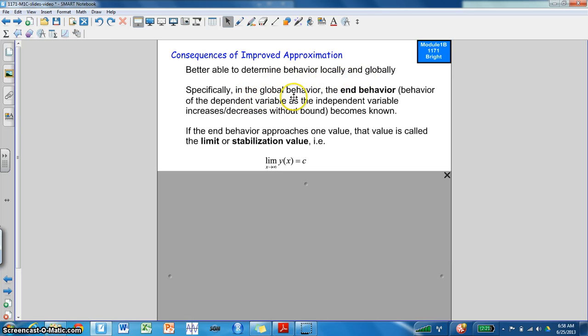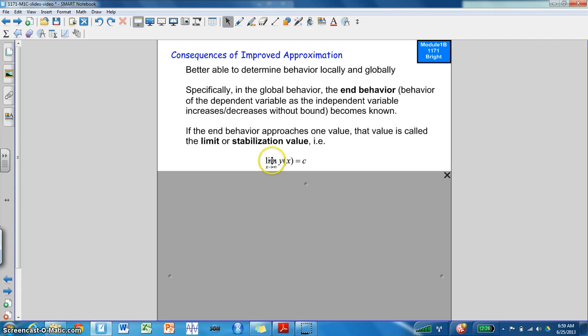In global behavior, one thing we talk about is the end behavior, which is described here, and we talked about it way back in Module 0 too. If the end behavior approaches one value, we call that value the limit or the stabilization value. In the context of biology, it's also called the carrying capacity.